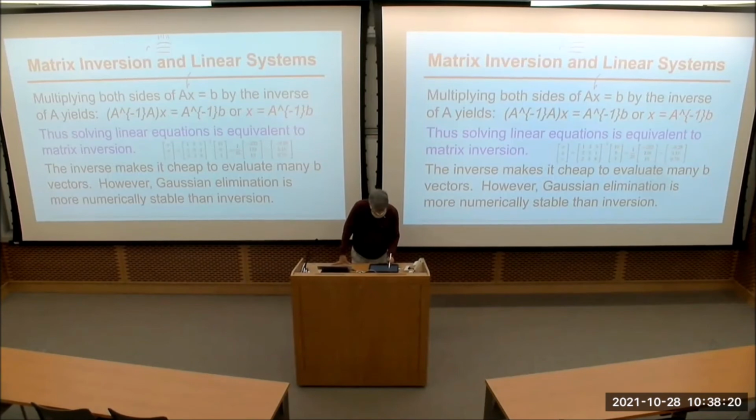A inverse times A magically transforms into the identity matrix. So this is the identity matrix times X, which is equal to A inverse times B.